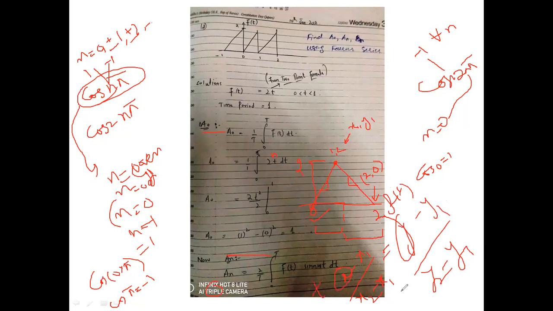Putting the values you will get the answer for this, and then applying the same formula for the second portion as well. So we will have function values in two portions, one from 0 to 1 and the other from 1 to 2, and the time period of the whole function will be 2. It's homework for you people.